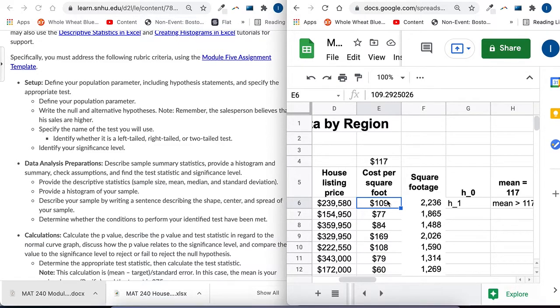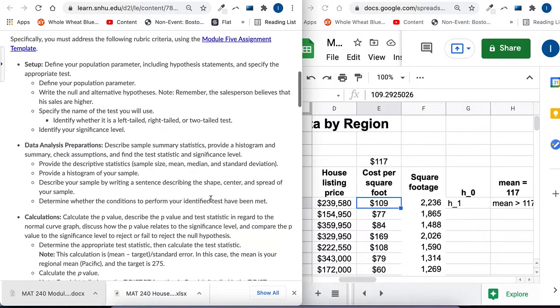Because the central limit theorem says if you have enough data points, then maybe your data set doesn't have a normal distribution, but the mean is going to be approximately normal. So when you talk about your assumptions, you should probably reference the central limit theorem there. The central limit theorem tells us that our mean is approximately normally distributed because we have a really large sample size.